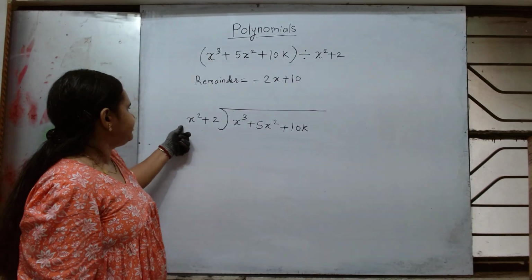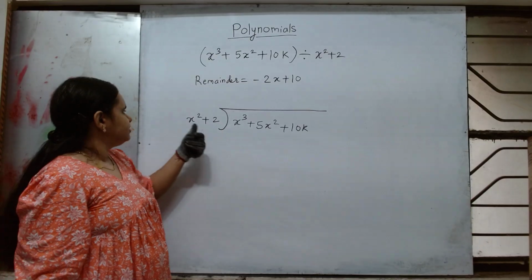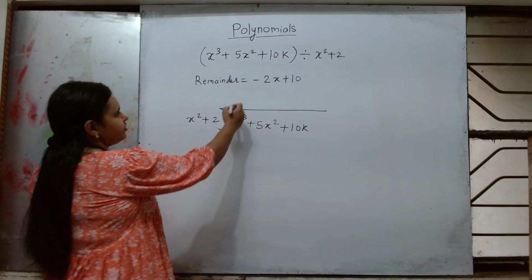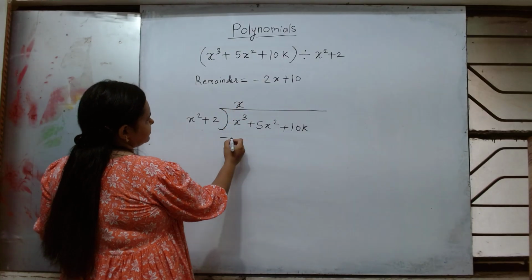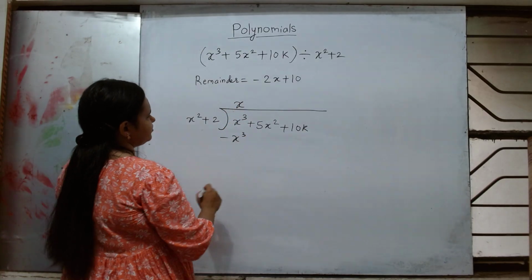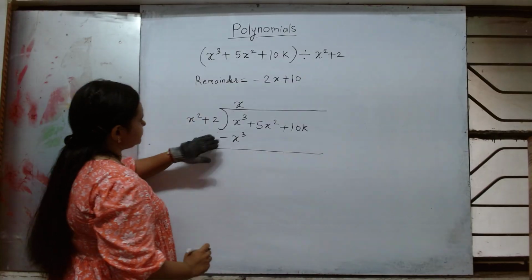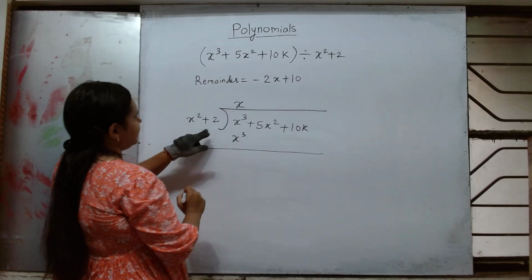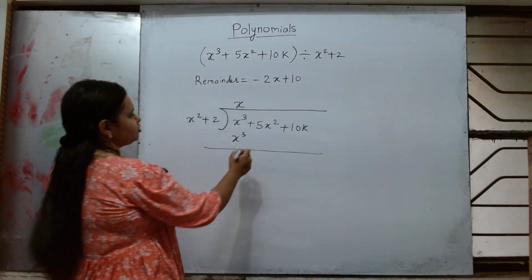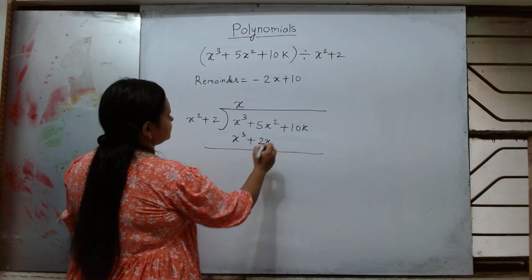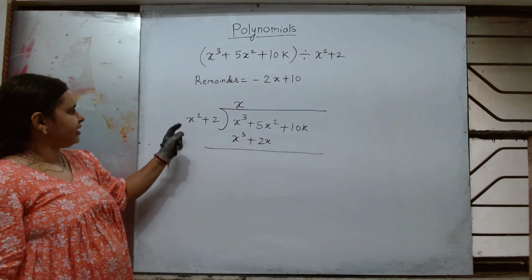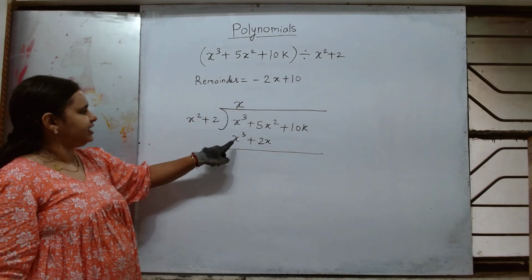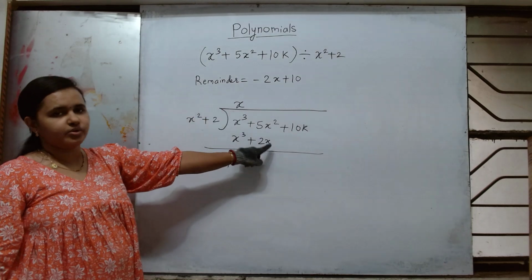Here it is x cube and here it is x square, so we need one x. x square into x is x cube and 2 into x is 2x. We have to multiply by both the numbers.